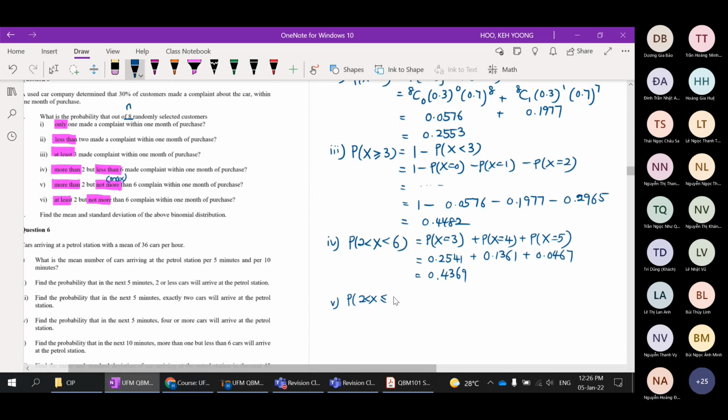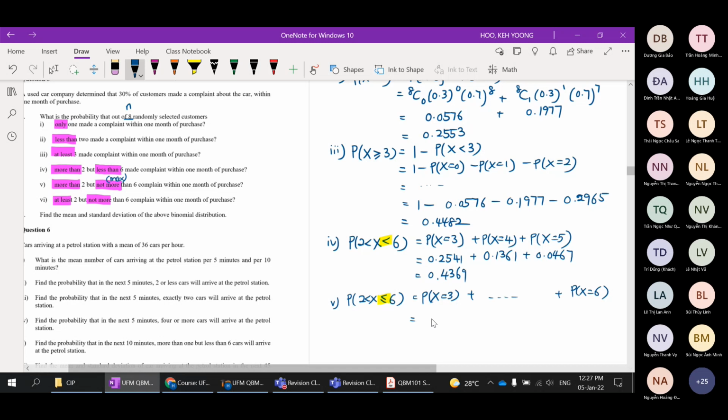So see the difference between question 4 and question 5. This is less than, this is not more than, maximum is 6. So it will be the same as the previous question, but you could add up until 6.